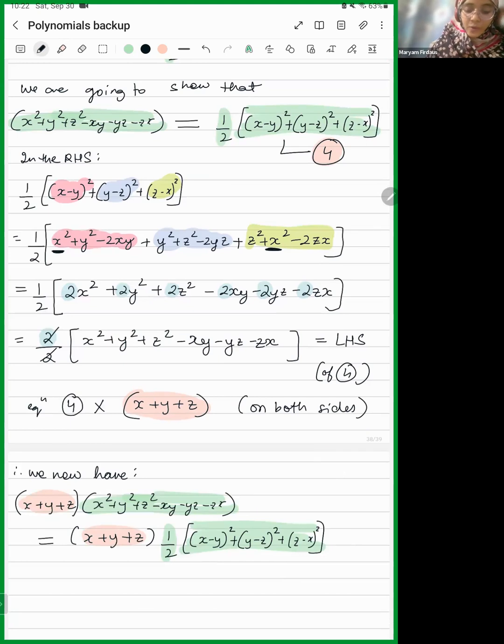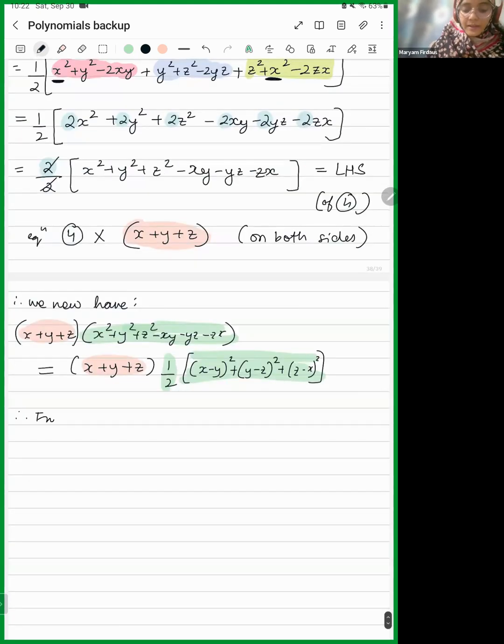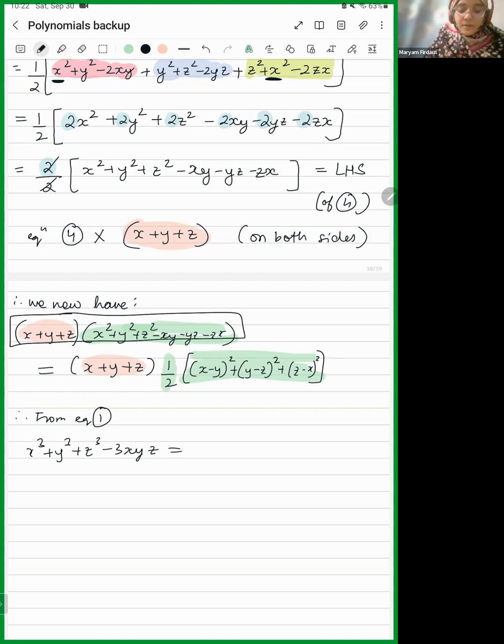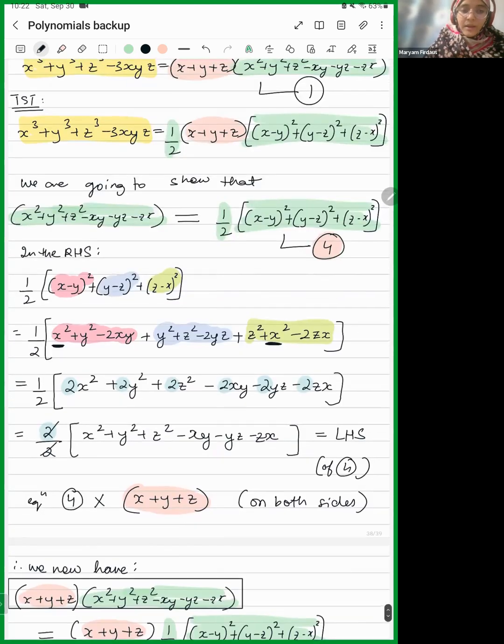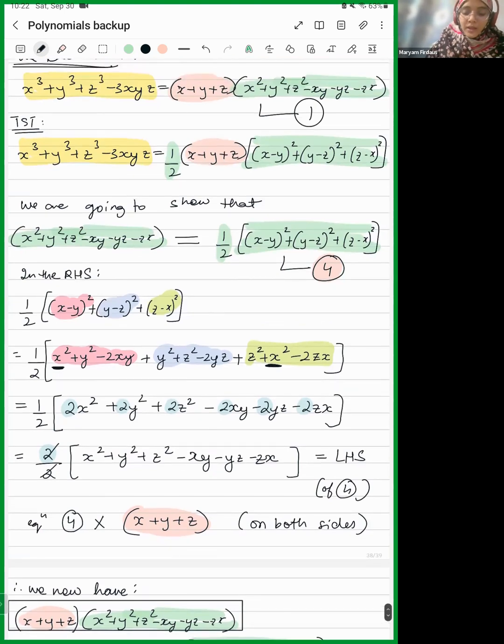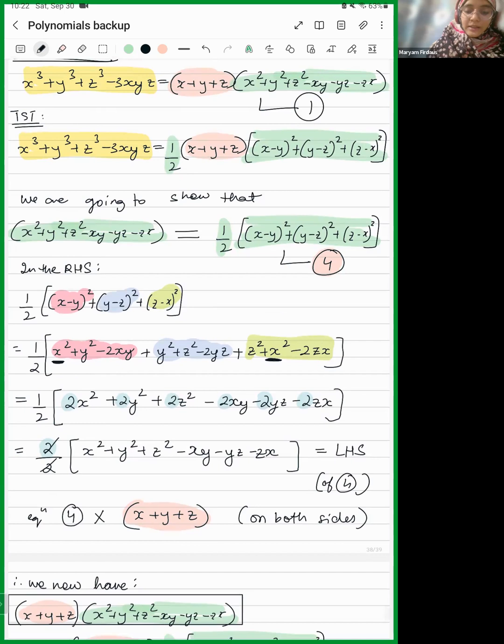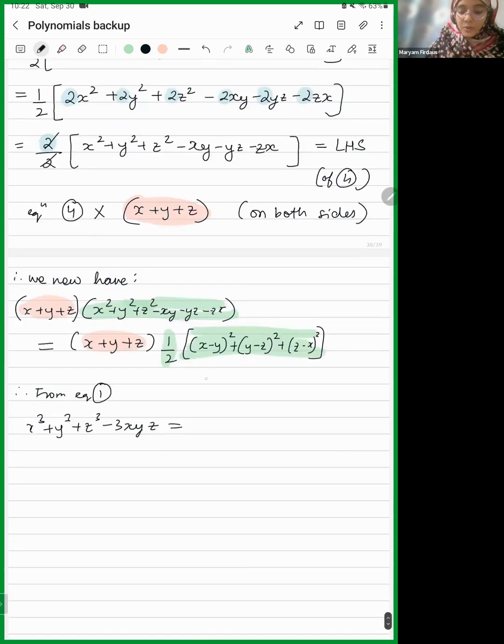So therefore, from equation 1, x cube plus y cube plus z cube minus 3xyz was equal to this thing. Look at equation number 1. The yellow part was equal to this thing. And we have shown that it is instead equal to this portion. And this half we are going to bring in front.